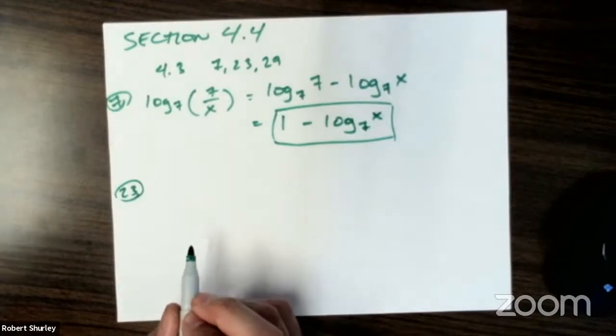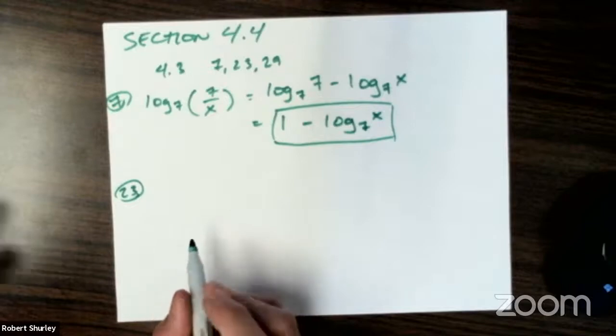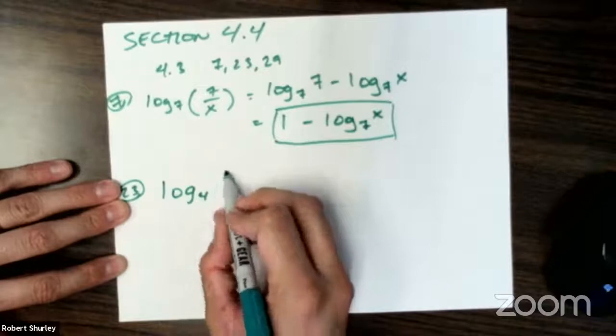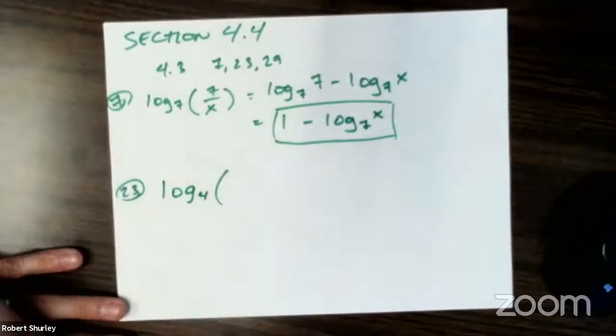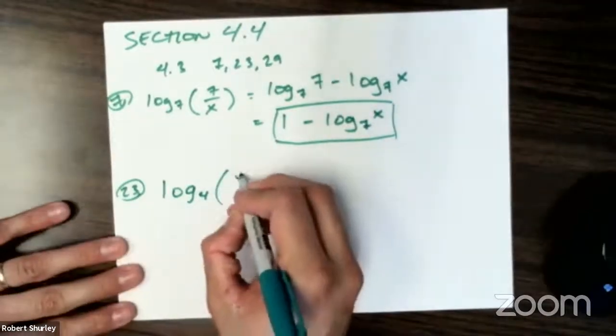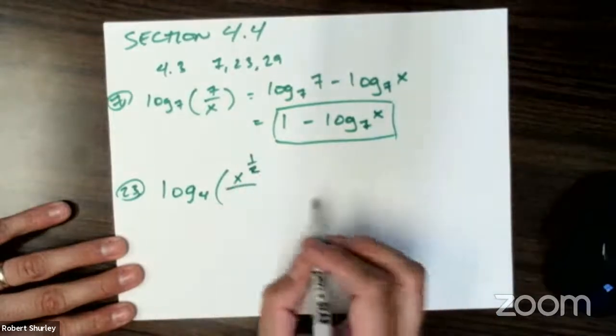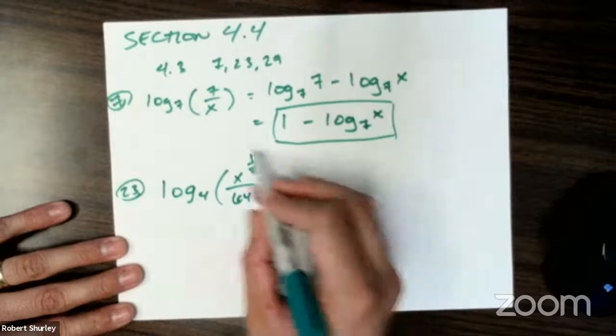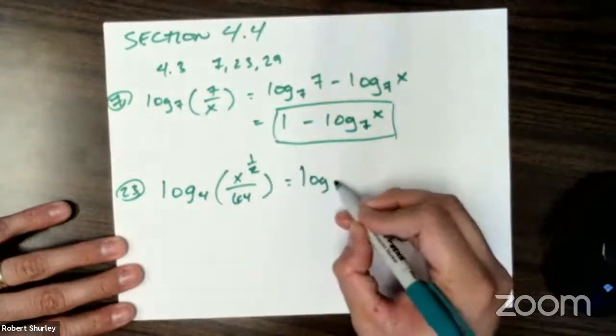Does that help for that one, Jenna? Okay. And then 23 is log base 4. Now look, before I even get going, I'm going to write the square root of x as x to the 1/2, because we can't simplify it if we think of it in square roots. So just like before, I'm going to separate them.